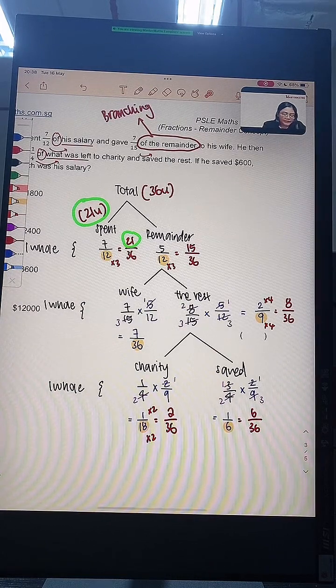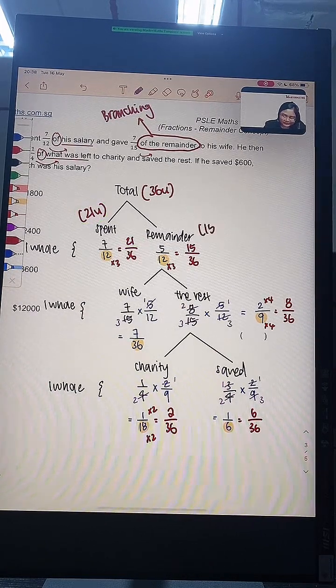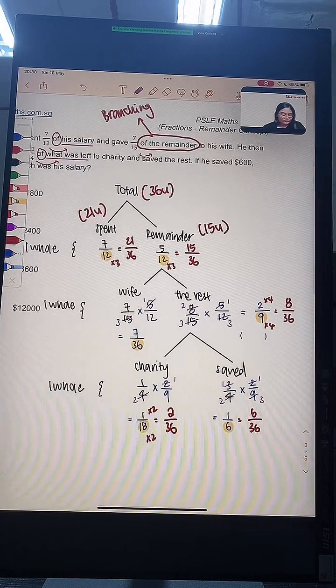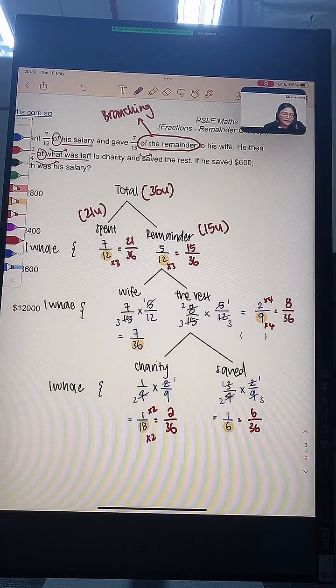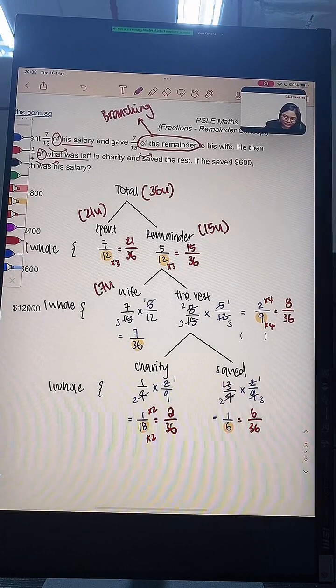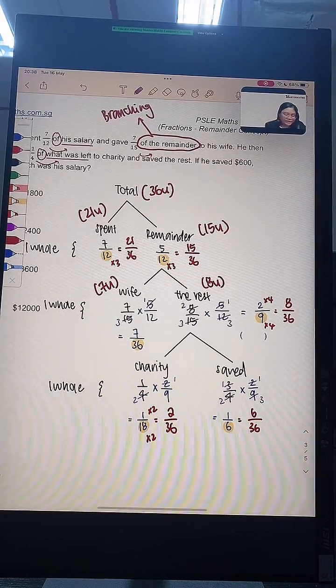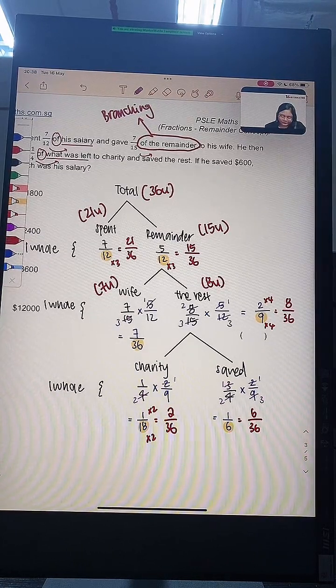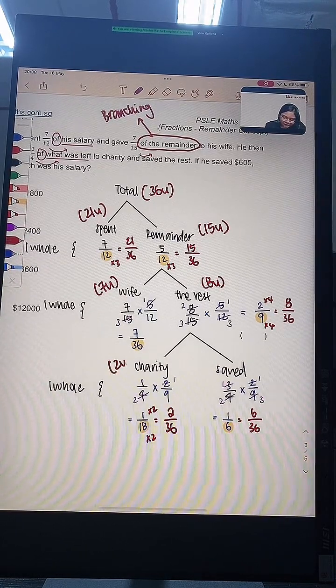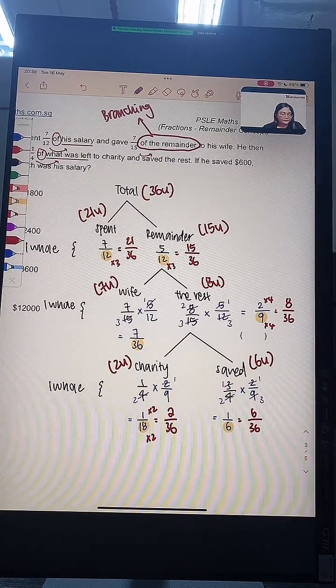Then the remainder is 15 units. Wife is 7 units. The rest here would be 8 units, just looking at numerators. Charity 2 units, and saved would be 6 units.